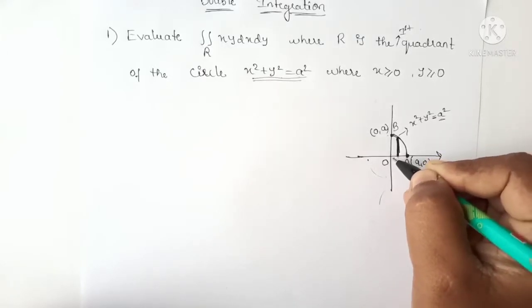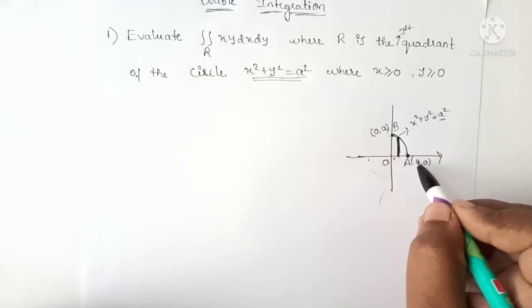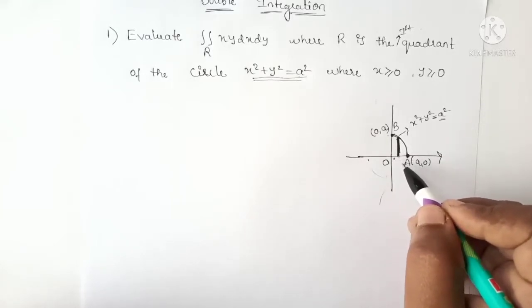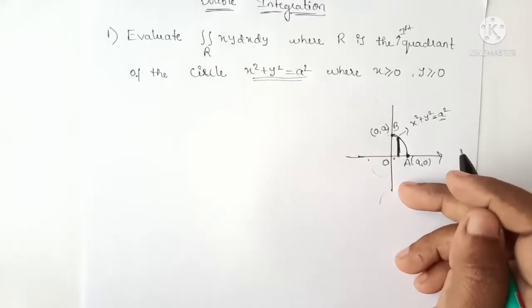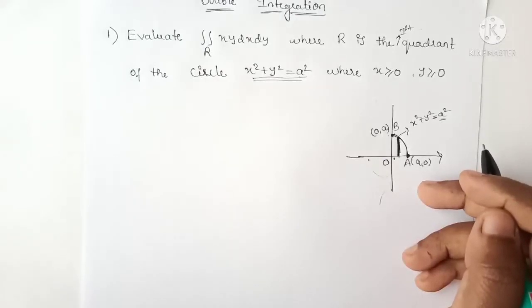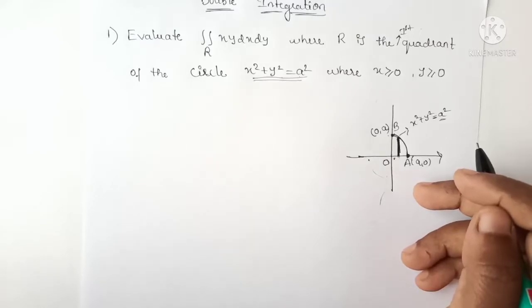Here x varies from 0 to a. Remember, as in the earlier problems, we have to take one limit in terms of a constant and the remaining one in terms of a function, that is, in terms of the given curve.